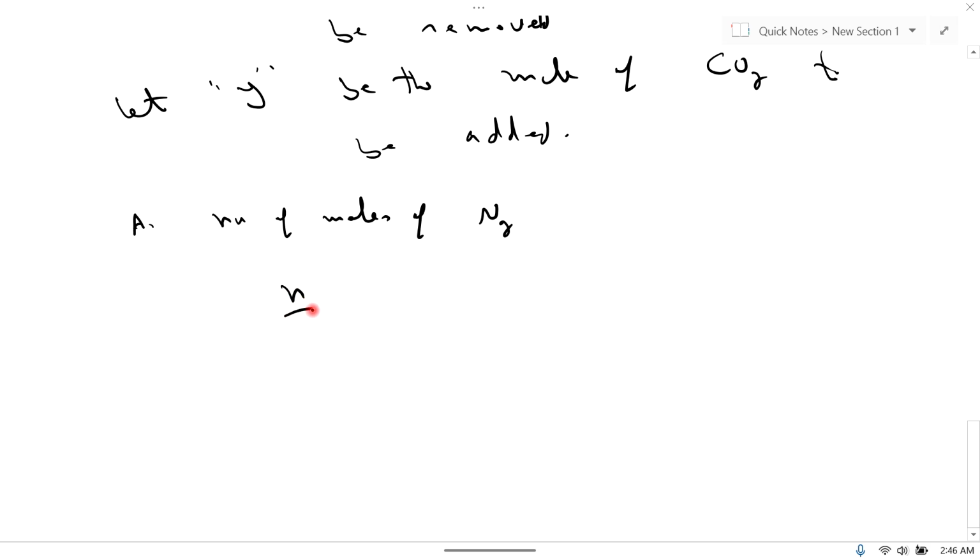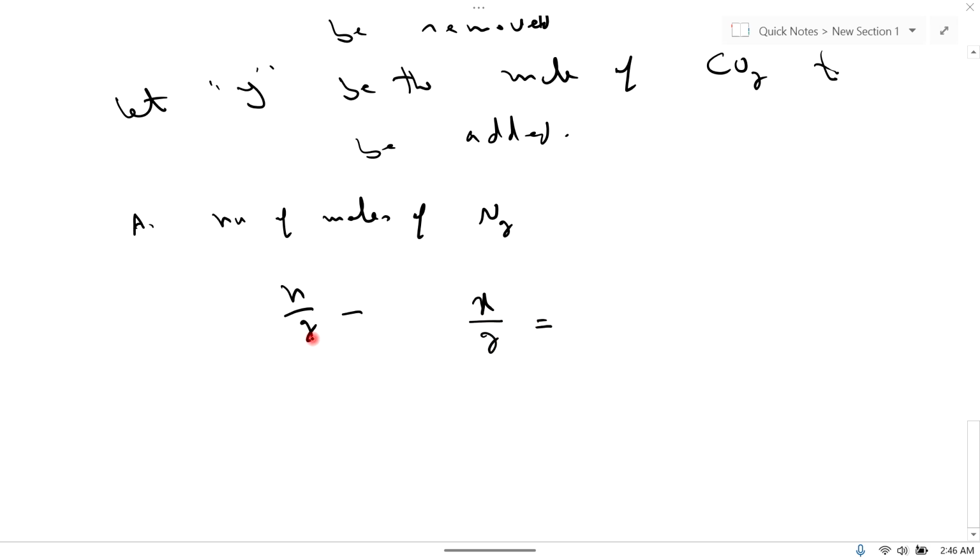N by 2 is the total number of moles of nitrogen before the process. Now after the process, we remove 0.5x, half x, or we can write this as x by 2. 0.5 is also equal to 1 over 2. So this is x by 2.